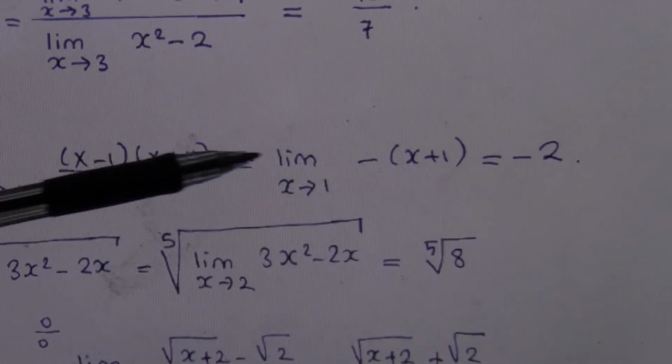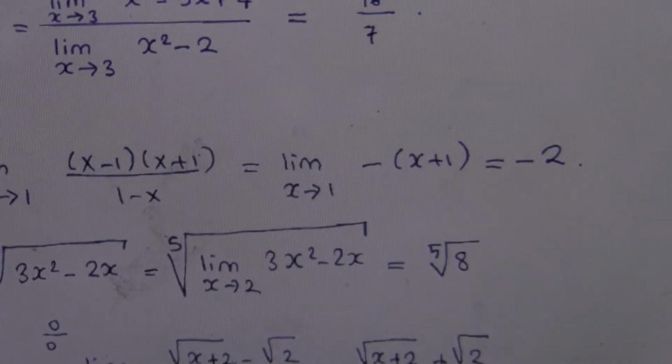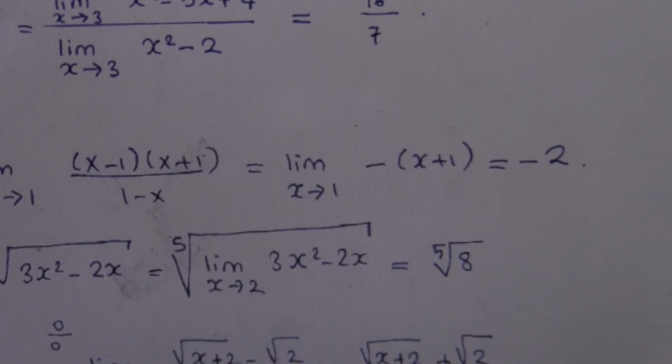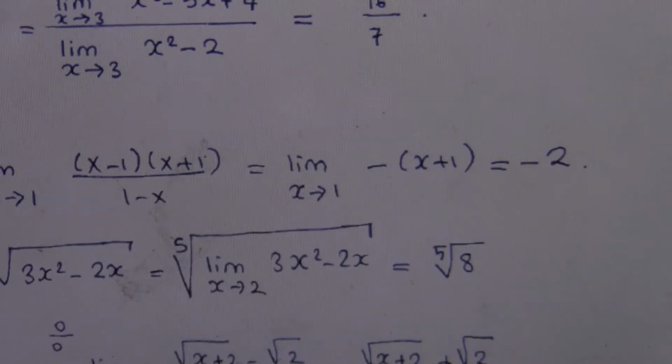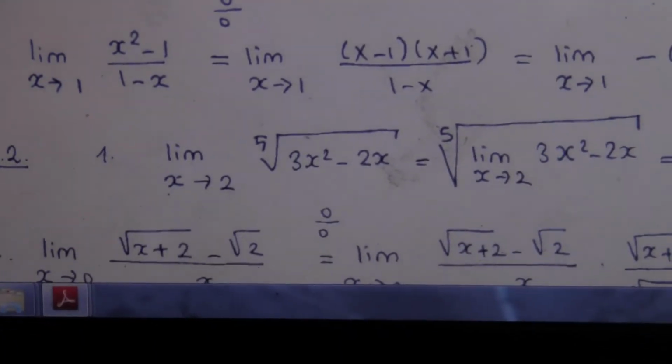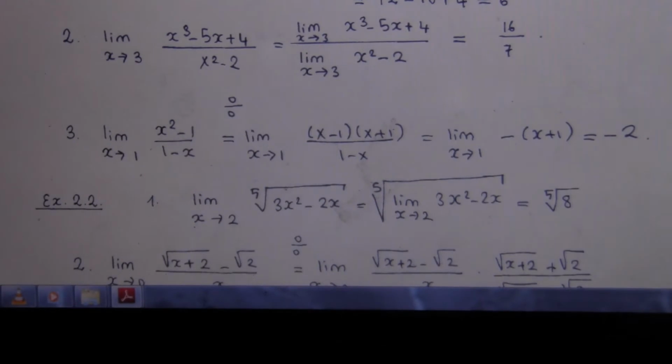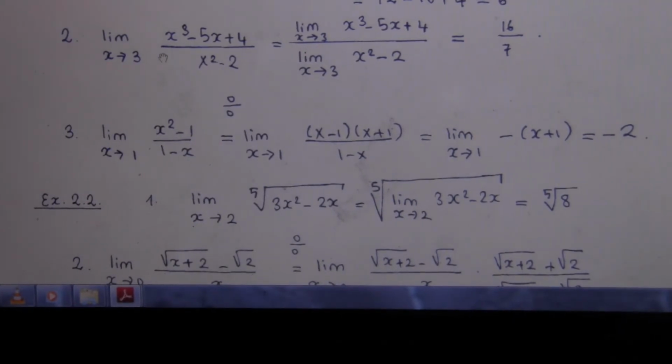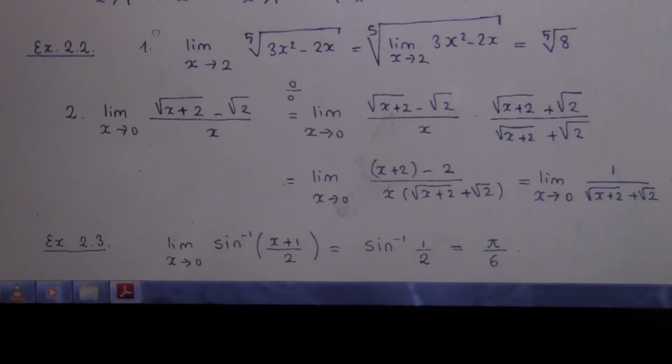That's how this turned to that. Now you can plug in the value 1 without getting 0 over 0 or infinity over infinity. And you get negative of 1 plus 1, which is negative 2. Exactly the answer you wanted because you put that in your calculator. Those were the logical steps they took. Okay, example 2.2.